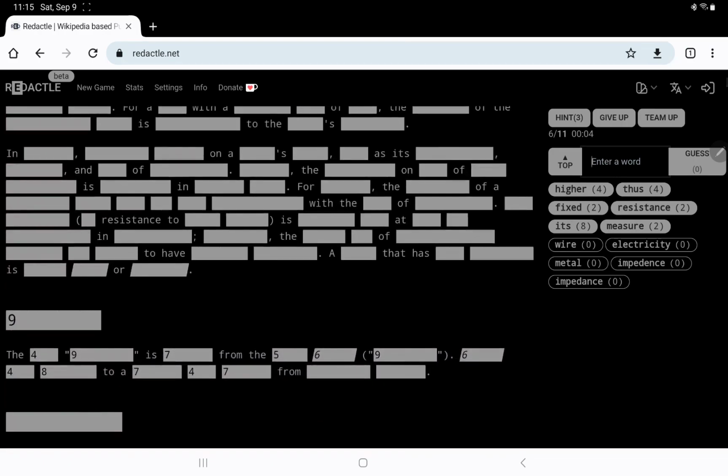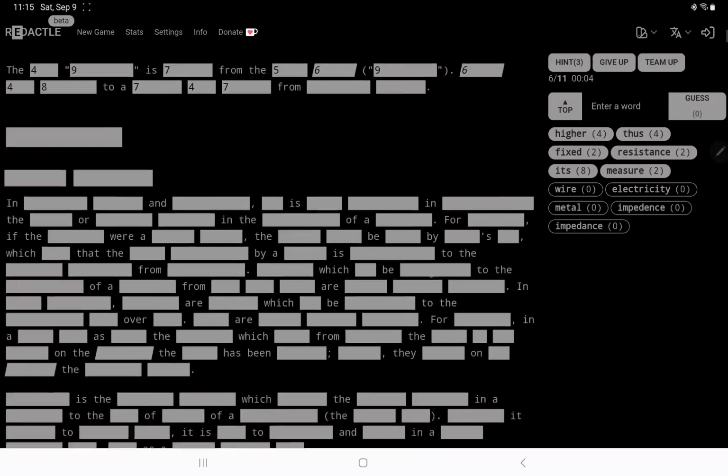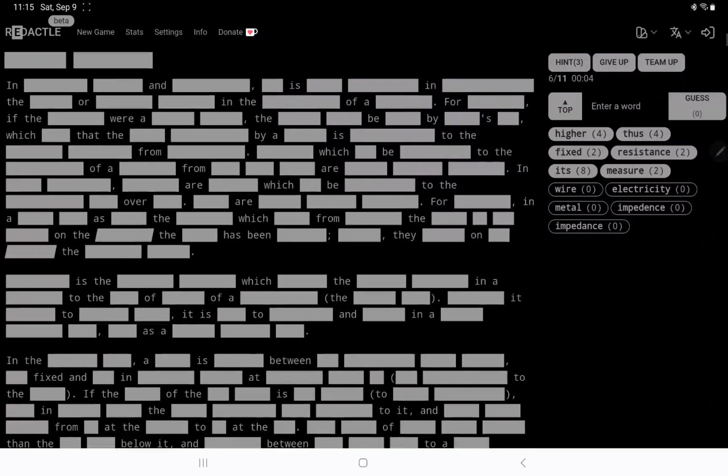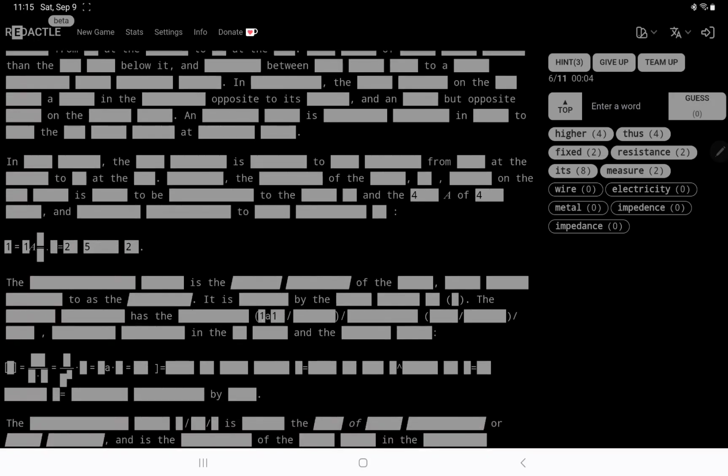All right, let's go down since we do have resistance, but I don't think it's the resistance I was thinking of at first. We may see some nice symbols. Okay, we do see some formulas here.